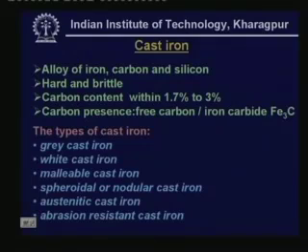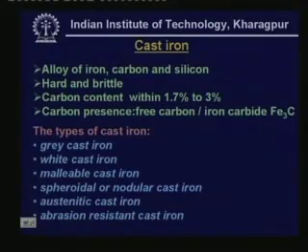So these six types of cast iron are generally used for engineering applications. Now these cast irons are graded depending upon, as I told you, the composition, manufacturing conditions, etc. They have different names and different properties, and of course depending upon the properties they have different uses also.